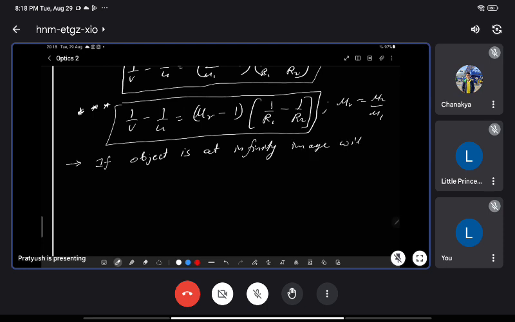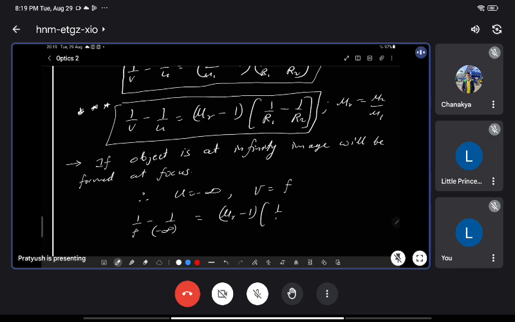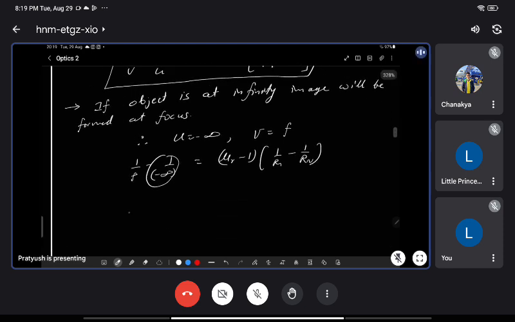Therefore, u is minus infinity, because the object is on the left hand side, rays are coming parallel. Image distance is the focal length f. So we can write 1 upon f minus 1 upon infinity equals mu r minus 1 into 1 by r1 minus 1 by r2. This 1 upon infinity will become 0. So ultimately we will get 1 upon f.